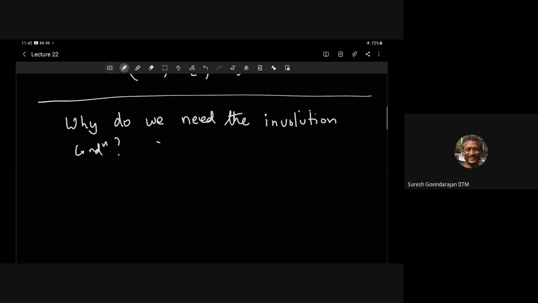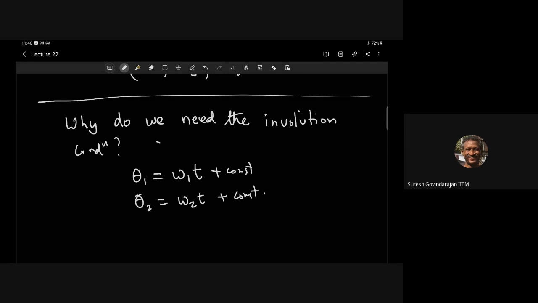This is kind of very simple. Let's say we have theta 1 and theta 2, two angle variables. These would be omega 1 t plus constant, and omega 2 t plus constant. The key point here is that these two, theta 1 and theta 2, you can move independently.